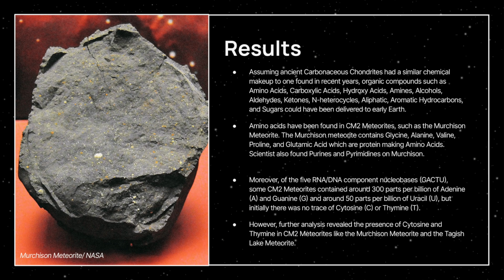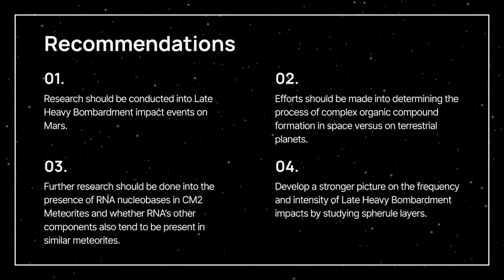the Tagish Lake meteorite. Moving forward, research may be conducted into late heavy bombardment impact events on Mars, where meteorites, particularly carbonaceous chondrites, may have deposited organic compounds. Research should also be focused on the Moon, where previous Apollo mission samples have identified carbon compounds, particularly amino acids, in lunar soil.